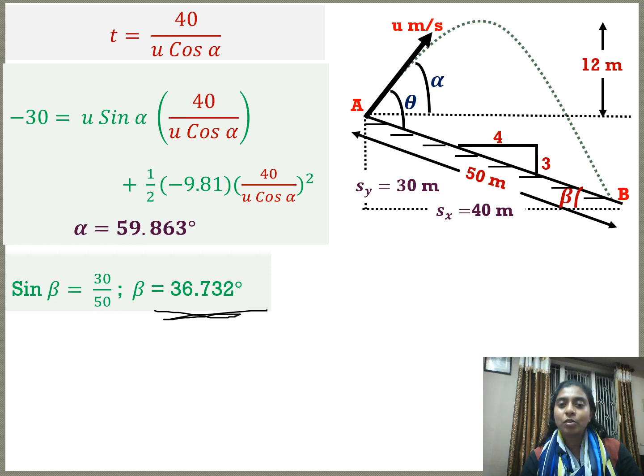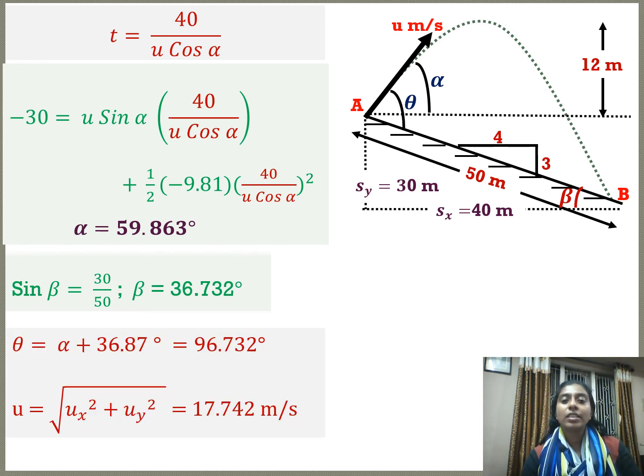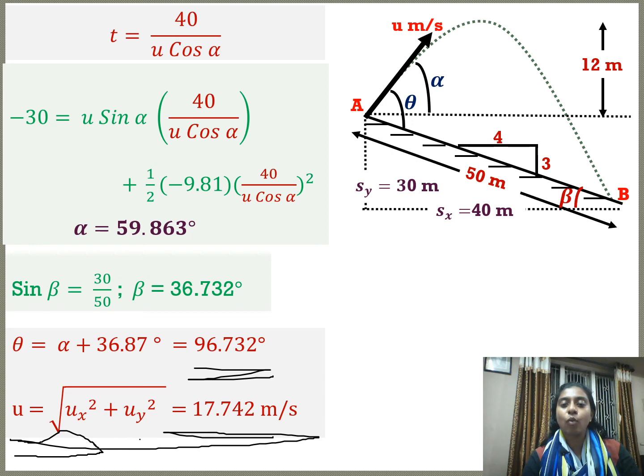Sin beta is equal to 30 by 50. We get beta is equal to 36.732 degrees. Now theta is equal to alpha plus beta. We get 96.732 degrees. Now our velocity u is equal to square root of ux square plus uy square. So we get 17.742 meter per second.